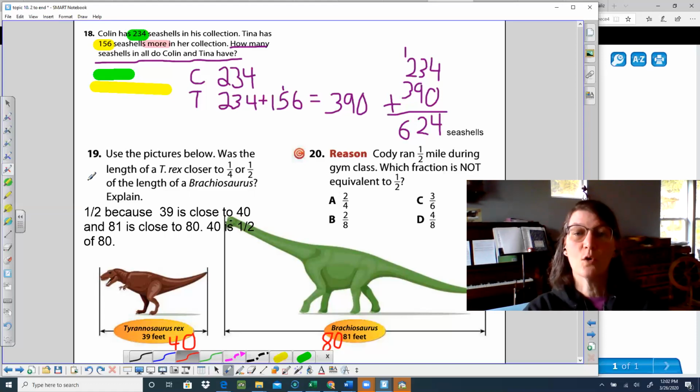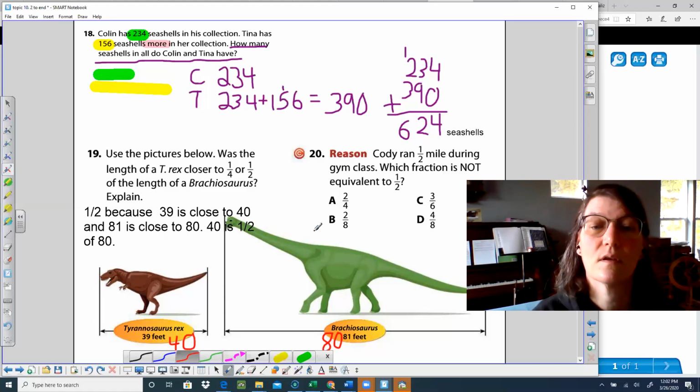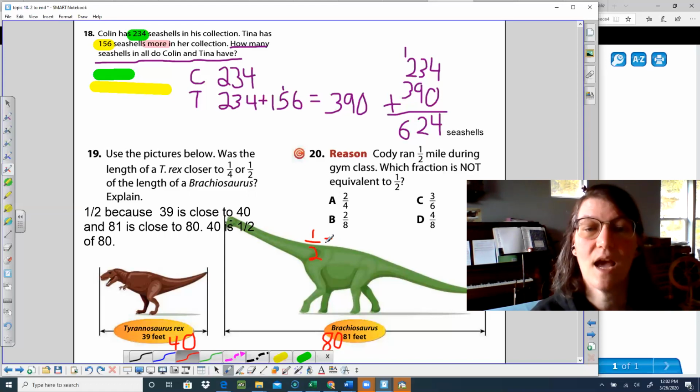Okay, number 20, Cody ran half a mile during gym class. Which fraction is not equivalent to half? So those of you that had me for Smart Group, remember we listed out a lot of equivalent fractions. So on your paper, I want you to write half equals, and you're going to list out a bunch.